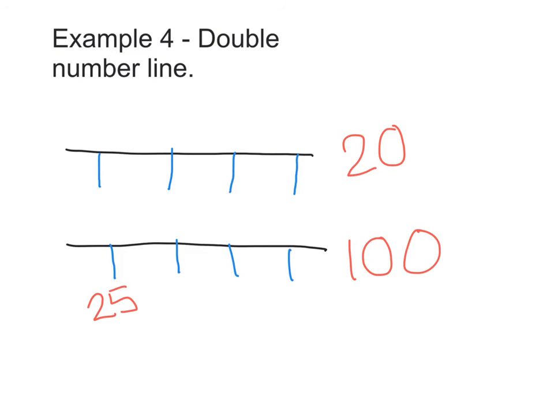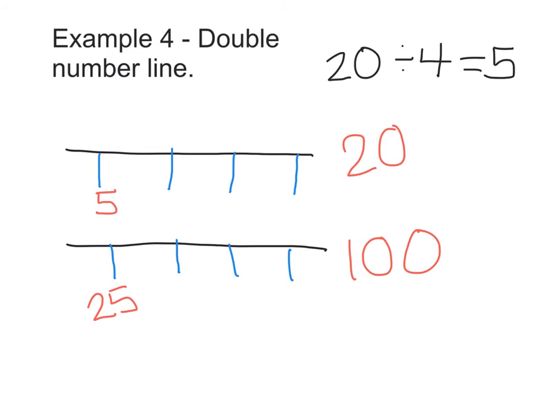Because there are 4 marks on the top number line, we take 20 divided by 4, and that equals 5. So each mark represents 5.